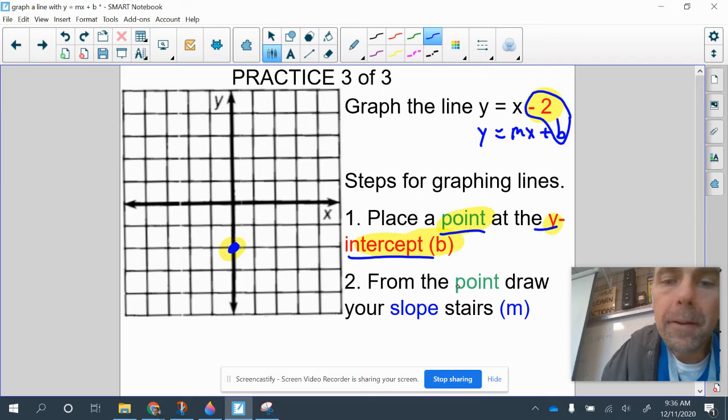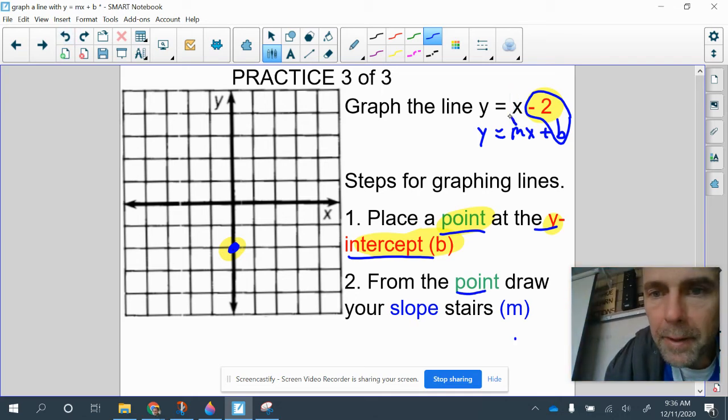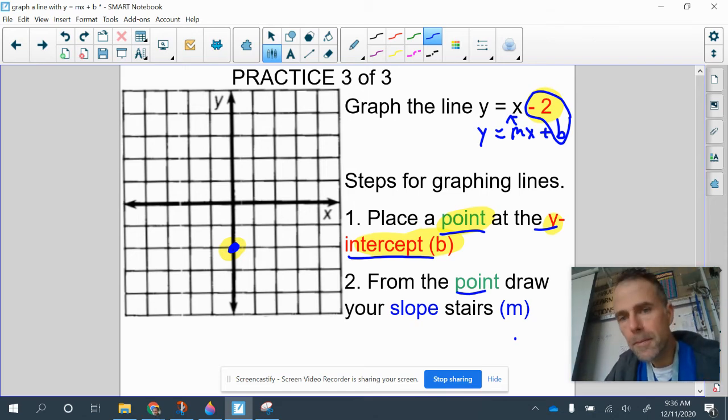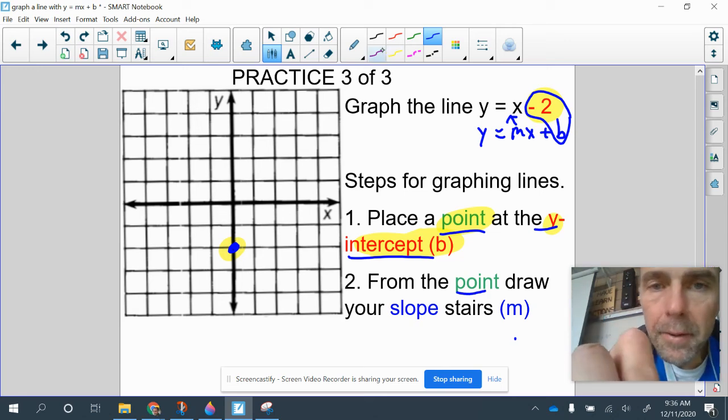From this point, we need to draw our slope. This is the tricky one, because slope is always the number in front of x. But what's in front of x here, guys? There's not anything there. There's a hidden number that we don't bother to write.